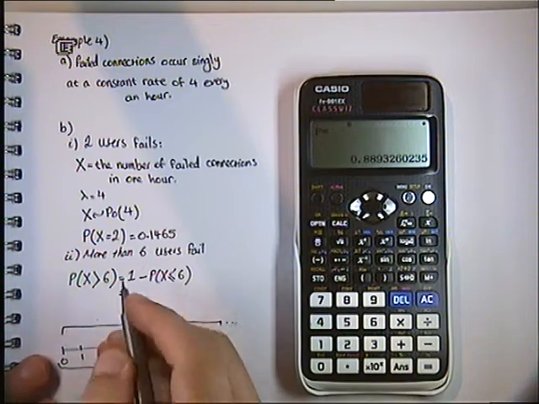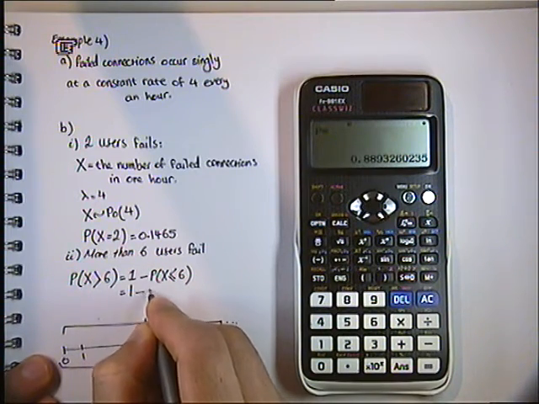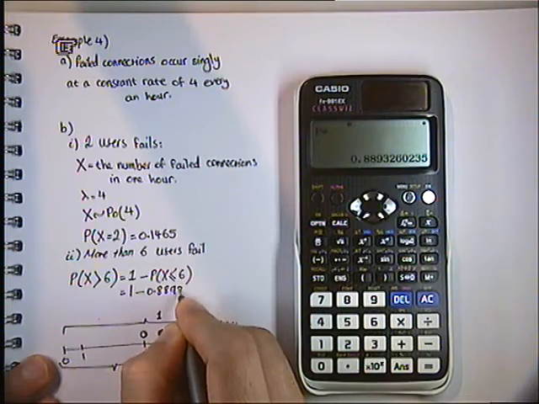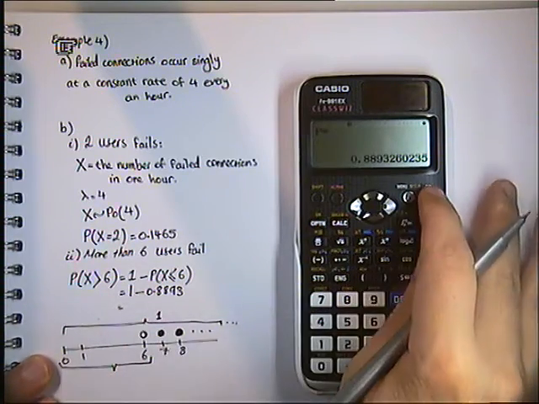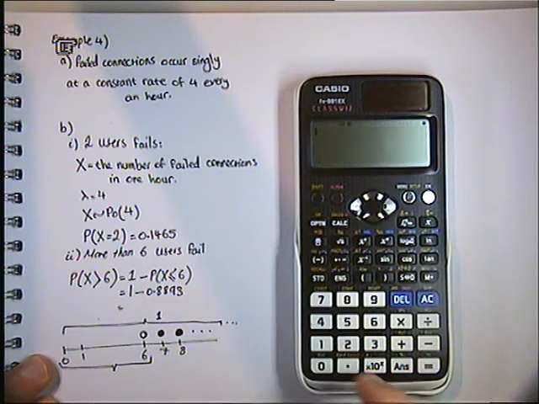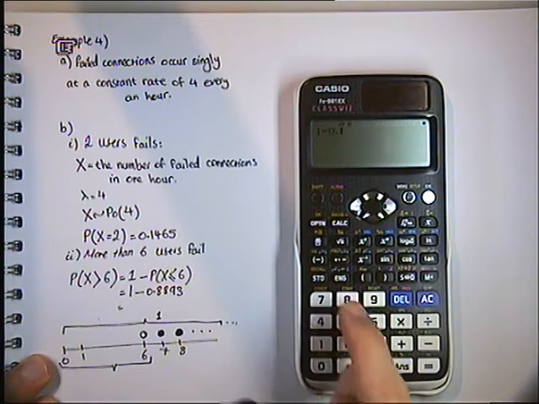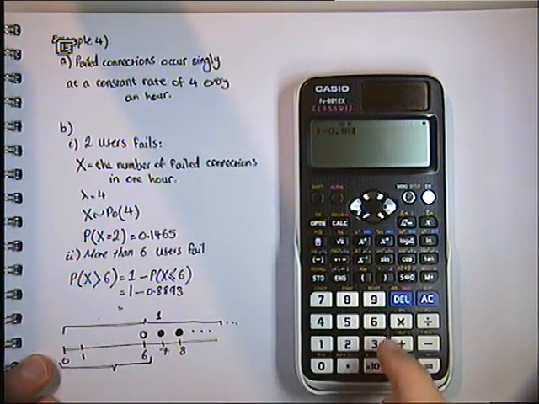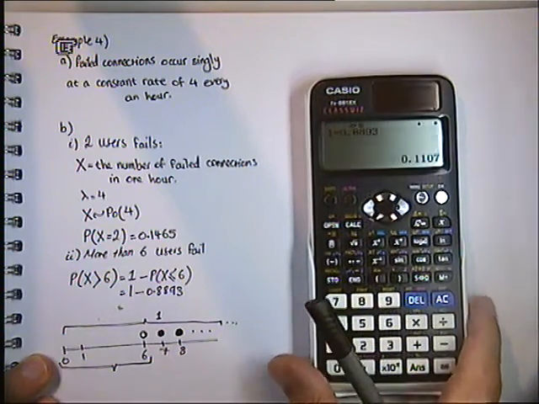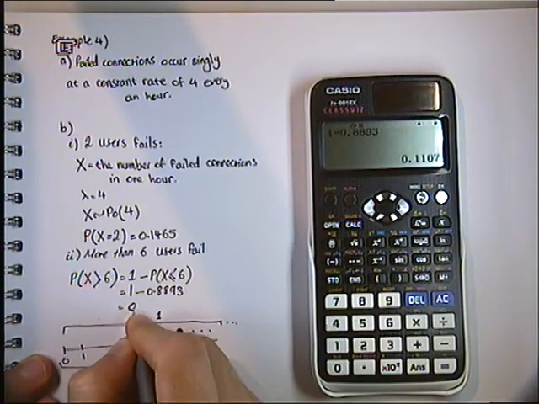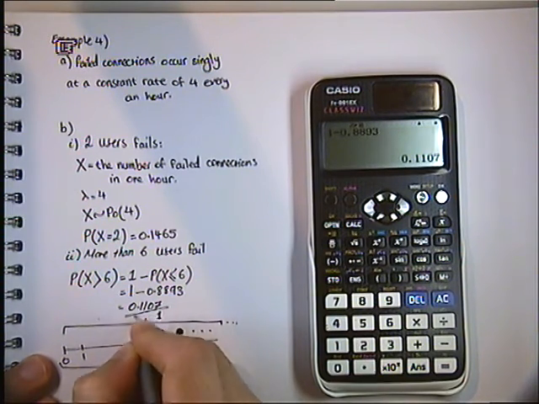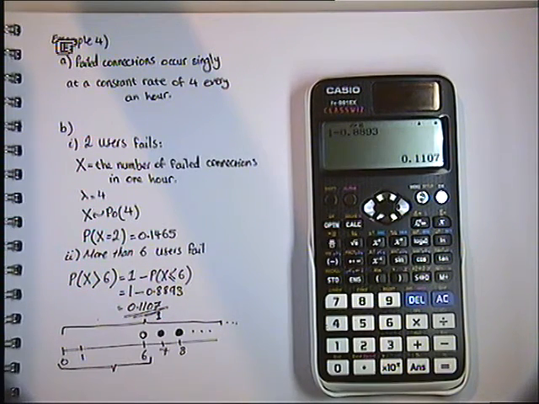Therefore, 1 minus 0.8893, so this is 0.1107. Okay.